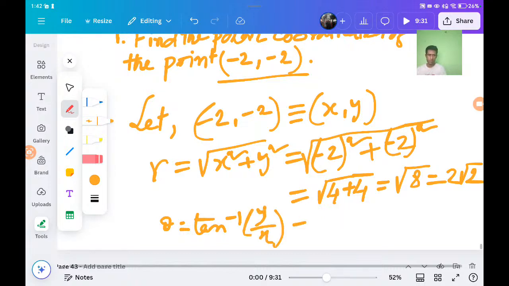So equals tan inverse -2 divided by -2. For this part I need to show a graph.